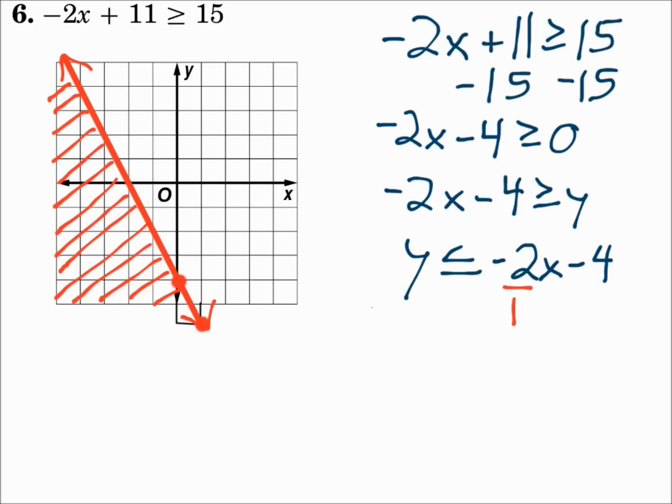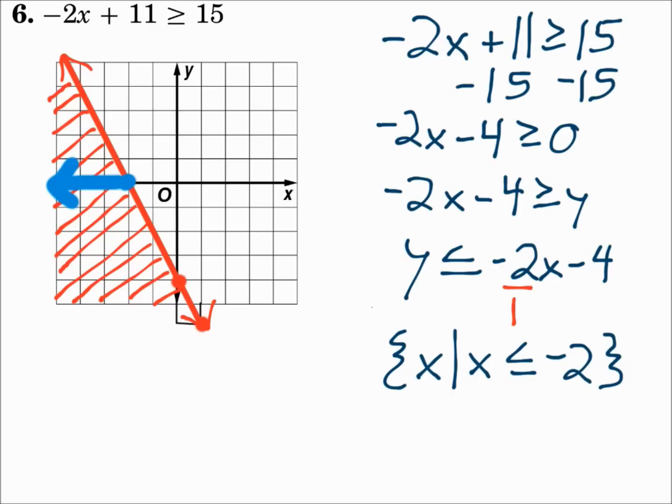The shaded part of the x-axis starts right there. It's a closed circle because that's a solid line. That number is included. That's -2 and everything to the left of it. So all x such that x is less than or equal to -2.